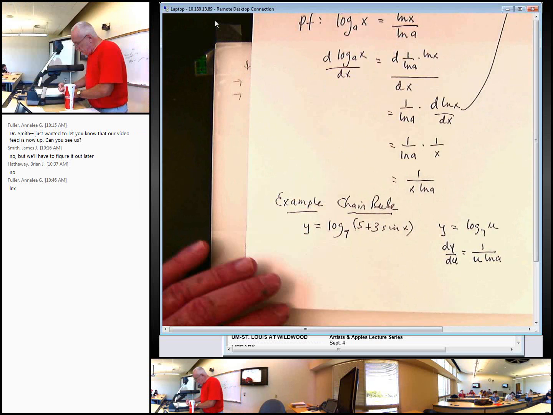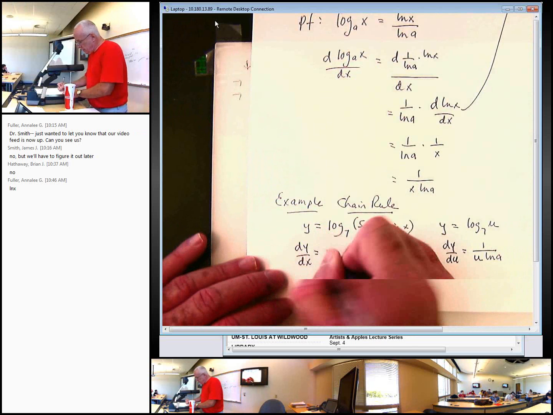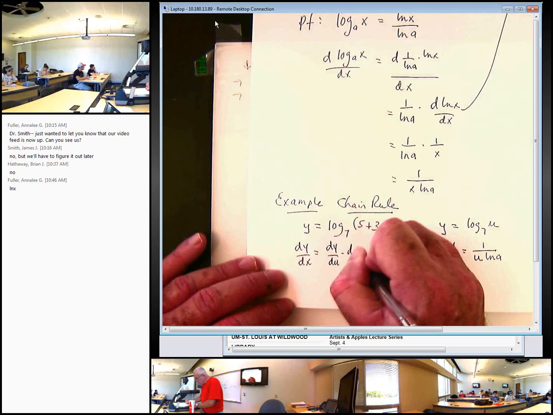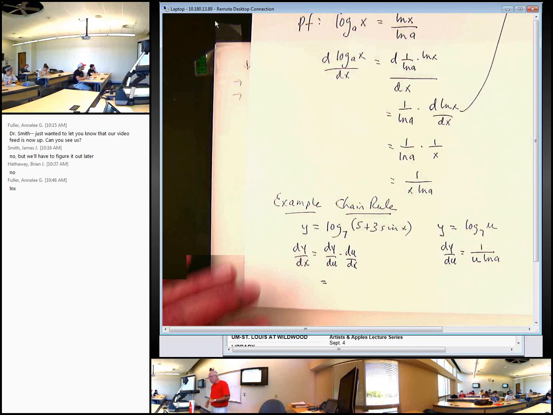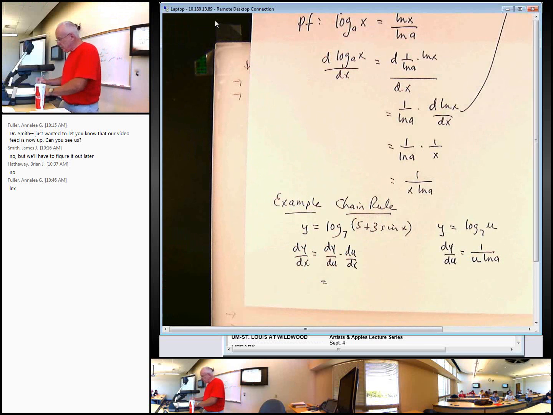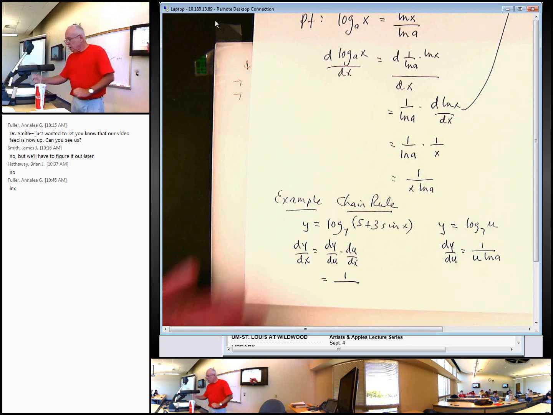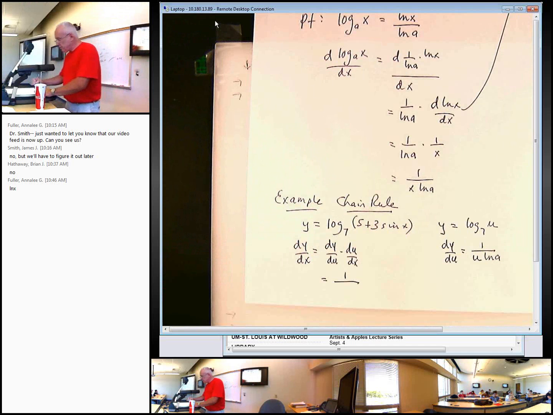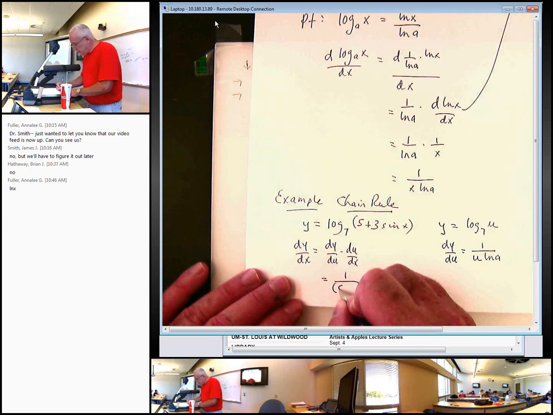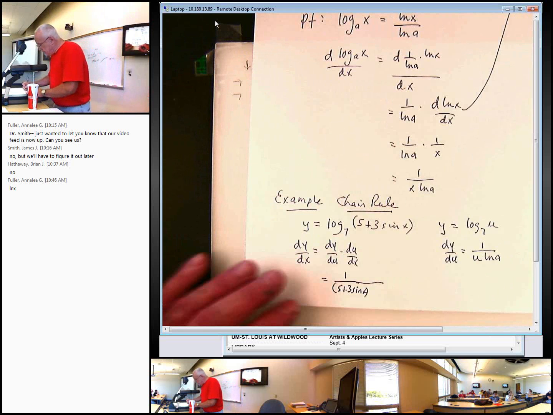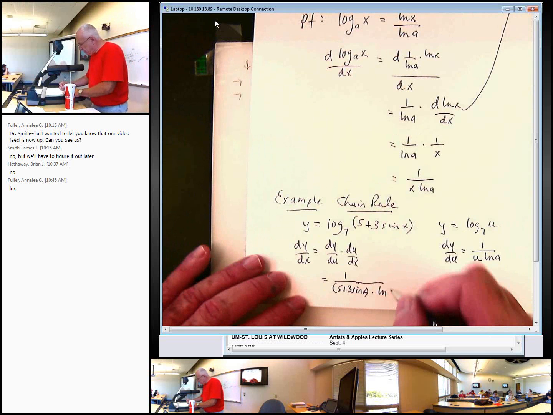Therefore, dy/dx here is dy/du times du/dx. So let's get this down. dy/du is 1 over my expression u, which is in parentheses 5 plus 3 sine of x, in the denominator, 1 over u, times the natural log of 7.